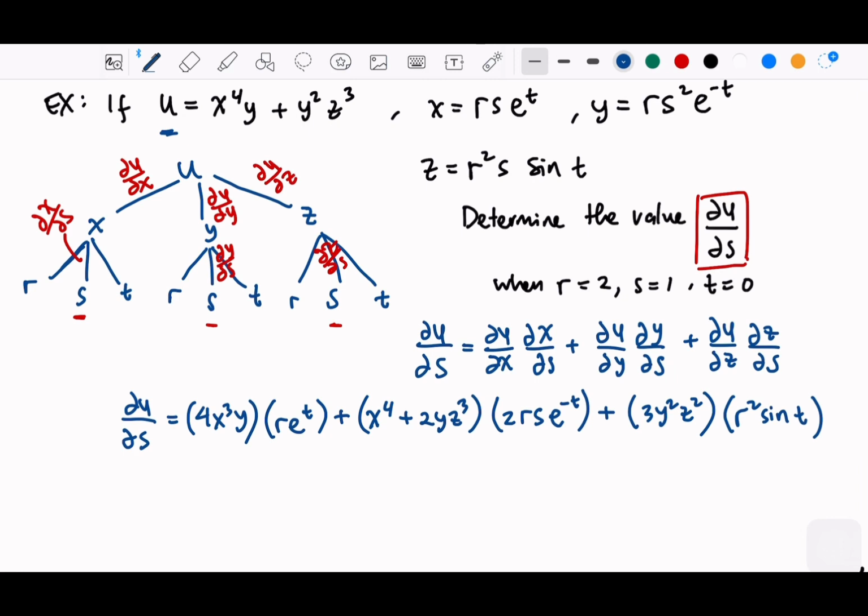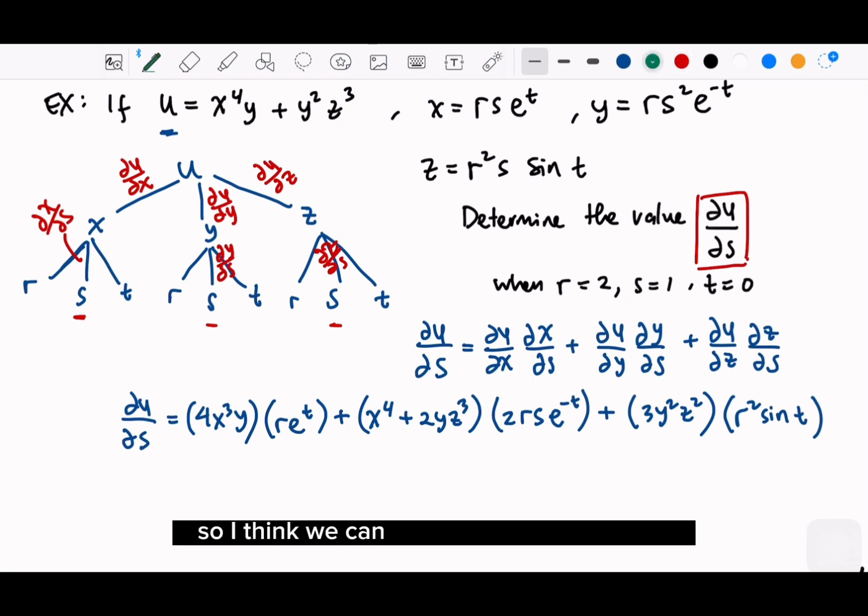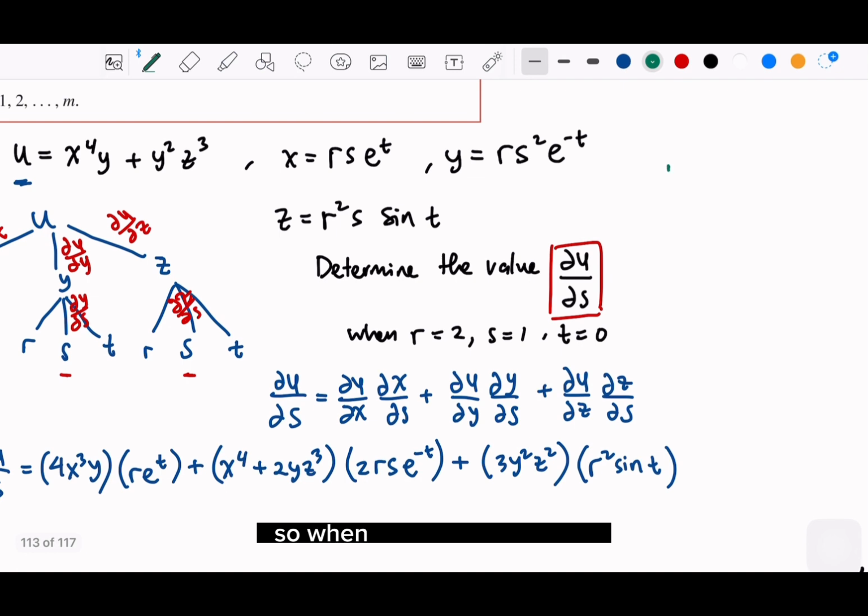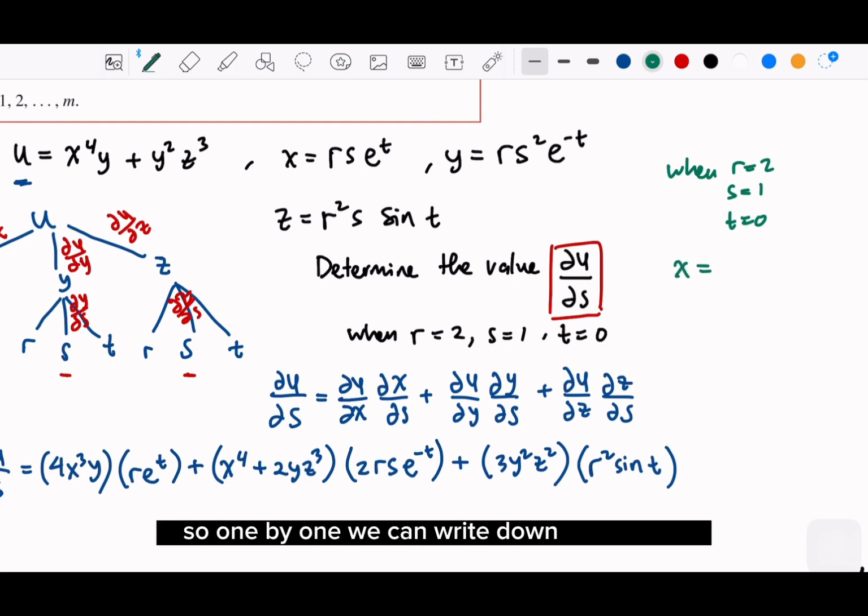Okay. So t is 0. Okay, t is 0. So when t is 0, so for x cubed y, okay. So I think if you want to write, when r is 2, s is 1, t is 0, x is, so one by one we can write down here.